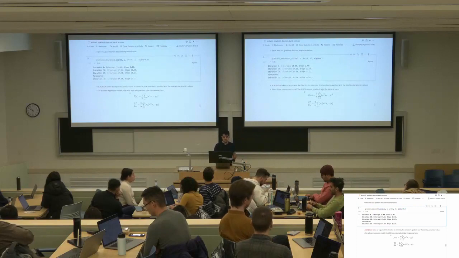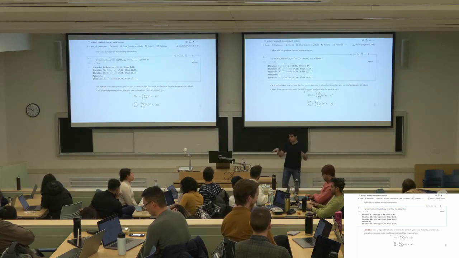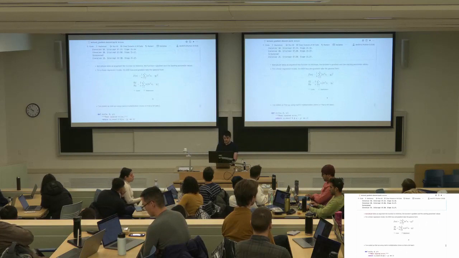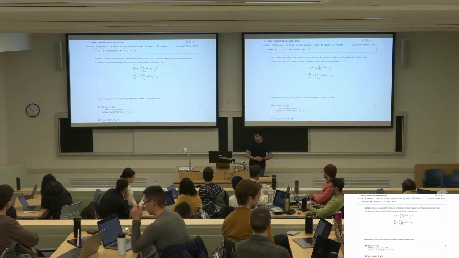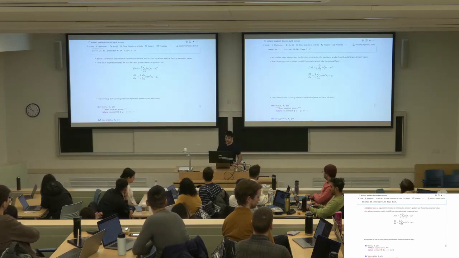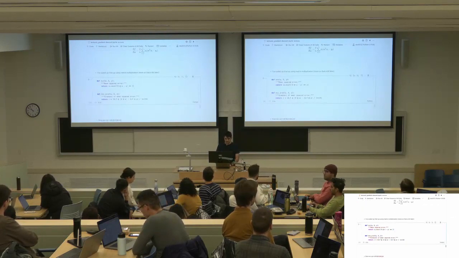Minimize takes as argument the function to minimize. It also takes the function's gradient and starting parameter values like the guesses that we had for W. For example, for the linear regression model over here, notice that this is a matrix notation. That's the transpose of the vector over here. Okay, so this is the mean squared error in matrix form.